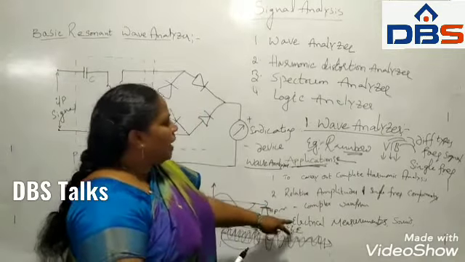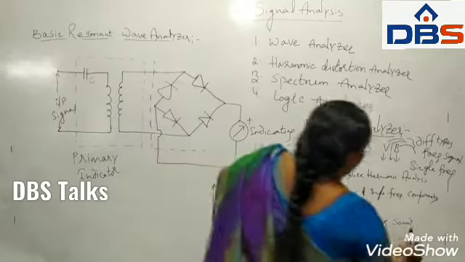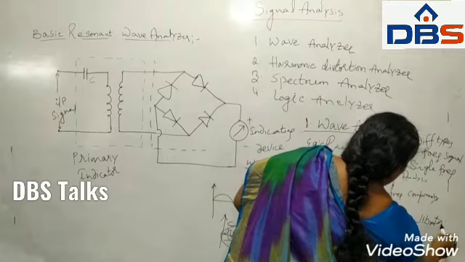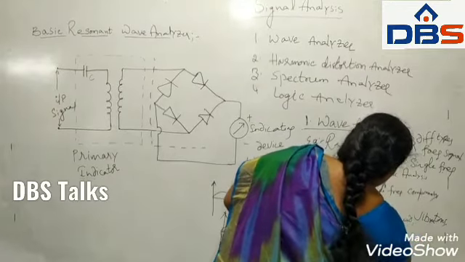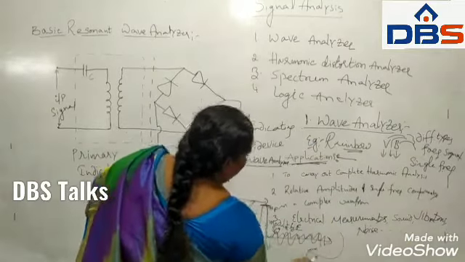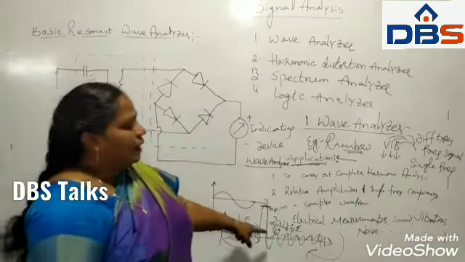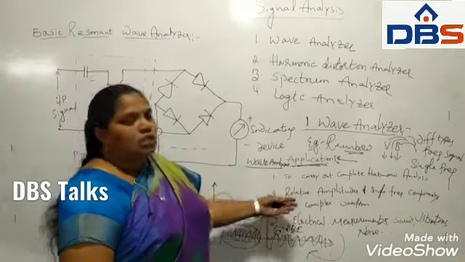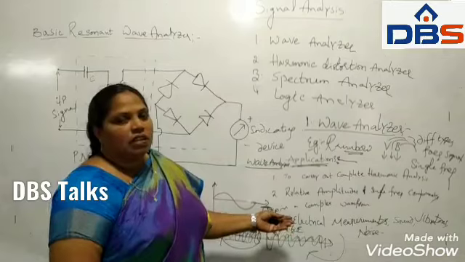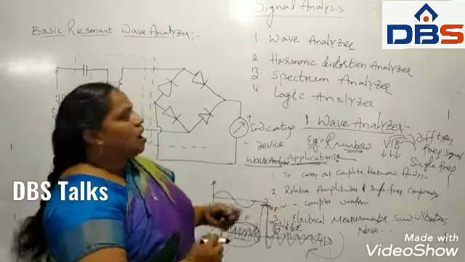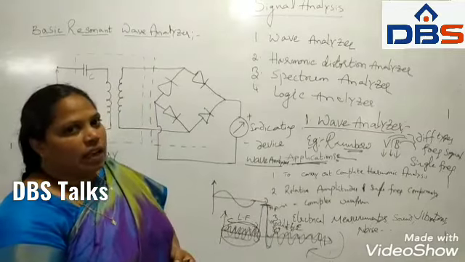Third is electrical measurements, like sound, vibrations or any noise. For example, if any sound or vibrations are there, that wave we can analyze. Those are the applications of the wave analyzer.